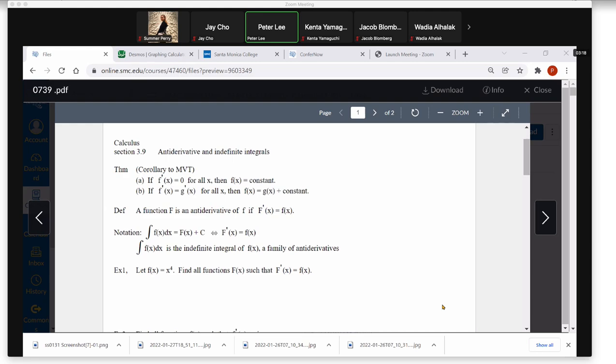And section 3.8, for those of you who wonder, the topic was Newton's method, and I am skipping that method due to time. None of the future sections is going to depend on section 3.8.